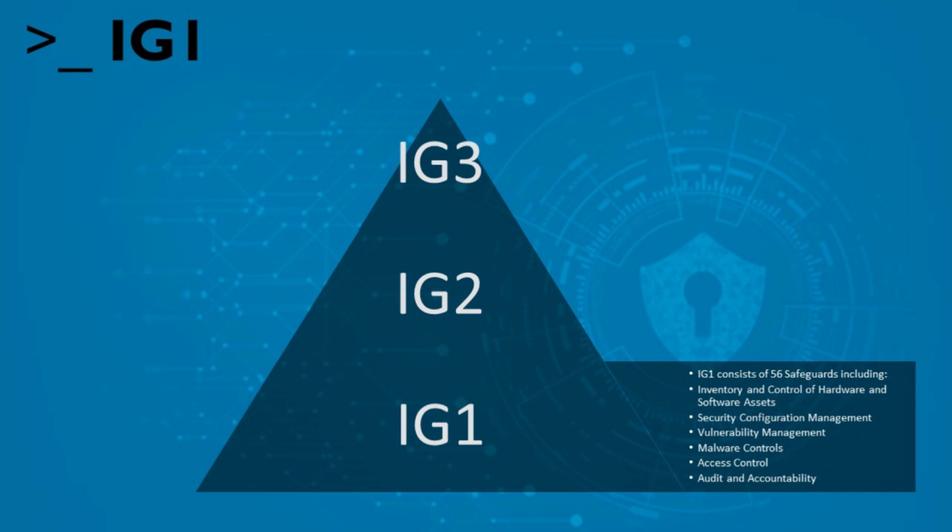Among these, IG1 is typically less complex and less costly to implement, making it a practical choice for all organizations. It places a strong focus on essential cyber hygiene practices. By integrating these controls into their operations, organizations can significantly reduce their vulnerability to the most typical cyber threats.